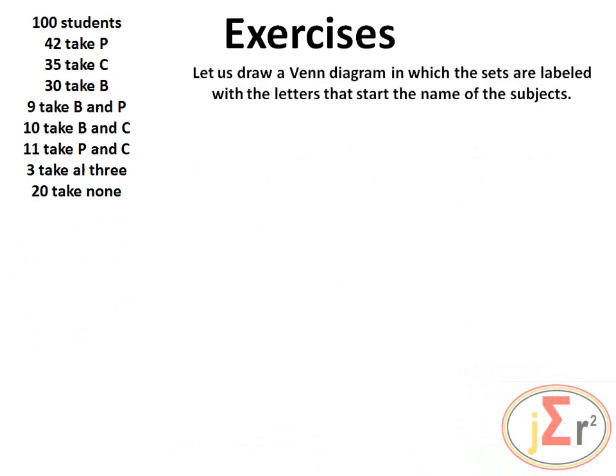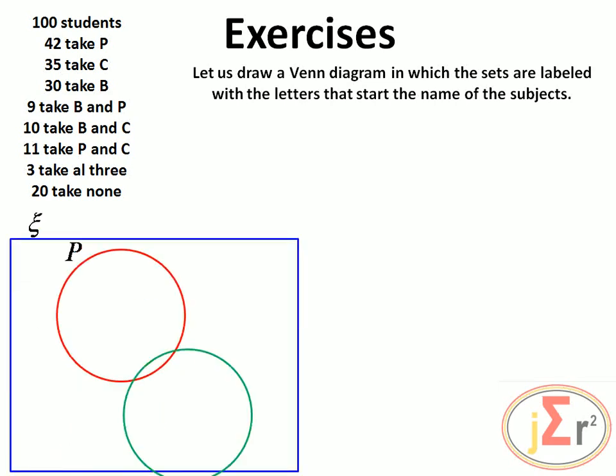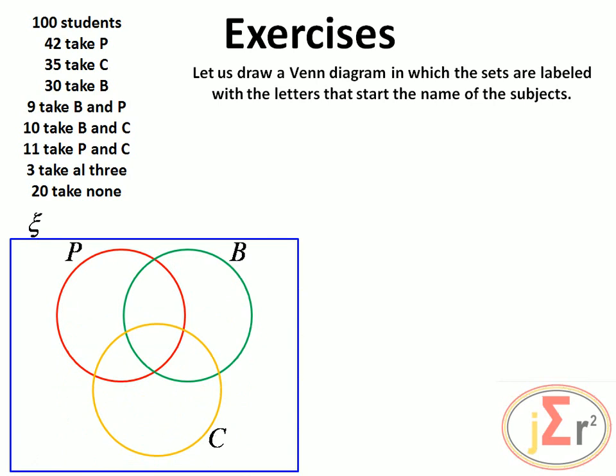So let us draw a Venn diagram in which the sets are labeled with the letters that start the name of the subjects. So there is our Venn diagram. We have the universal set Xi, and we have P for physics, B for botany, and C for chemistry.